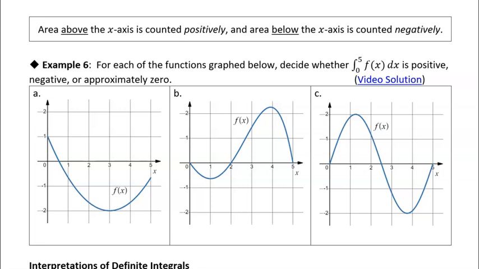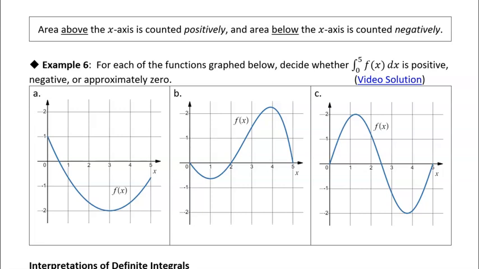Okay, and we had some positive area and we had negative area, and the positive area was how far the ball traveled up, and the negative area was how far the ball came down. All right, so in that example, we had some context around the meaning of that positive and negative area.